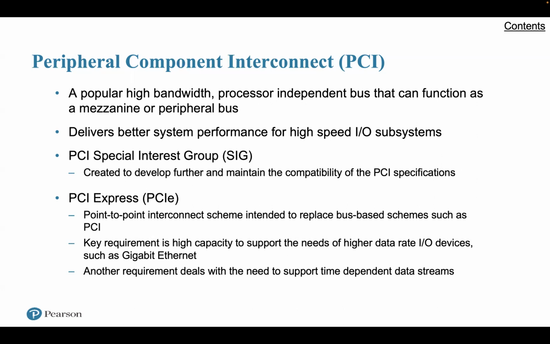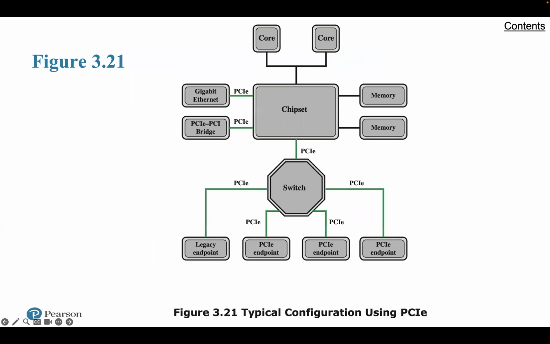Now with this new version, PCIe has been developed as with QPI, and you can see some of the characteristics of QPI showing up. It's a point-to-point interconnect scheme, which is a slight difference from a general PCI bus. PCI is more like a general bus. PCI Express is trying to get the advantages of a point-to-point architecture.